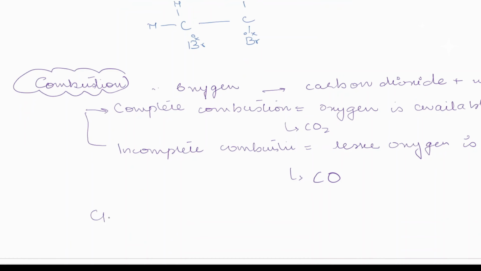Let's have an example. CH4 plus O2 gives you, now this is excess, let's say, CO2 plus H2O. Okay. Have we learned balancing? Okay, let's balance it. Carbon is already balanced. Let's look at oxygen and hydrogen.